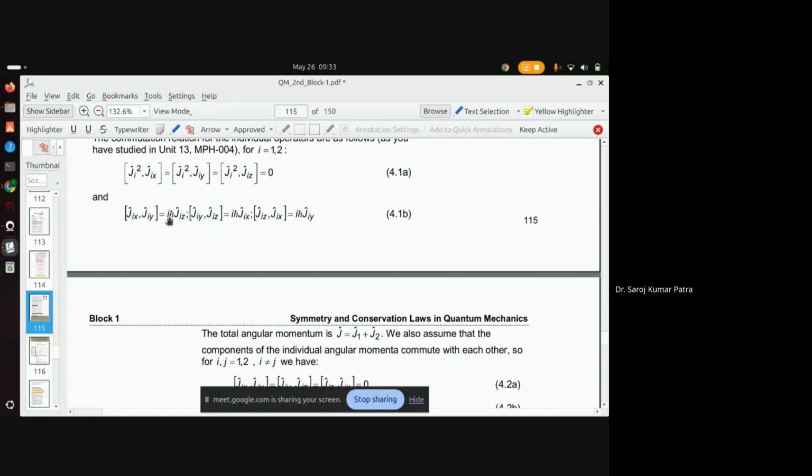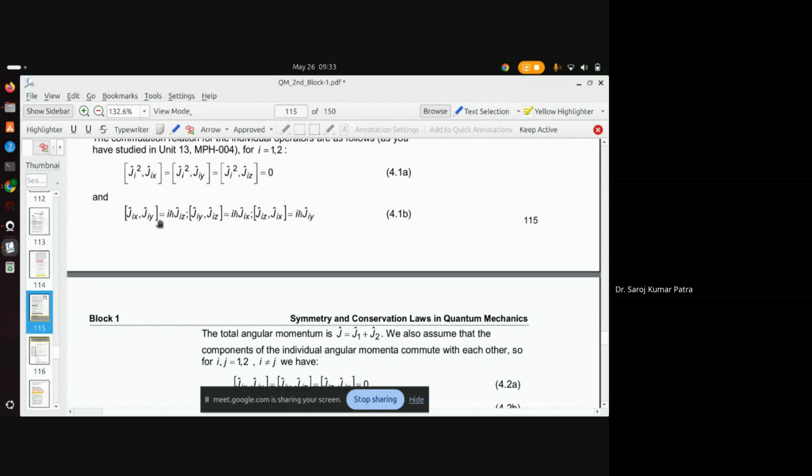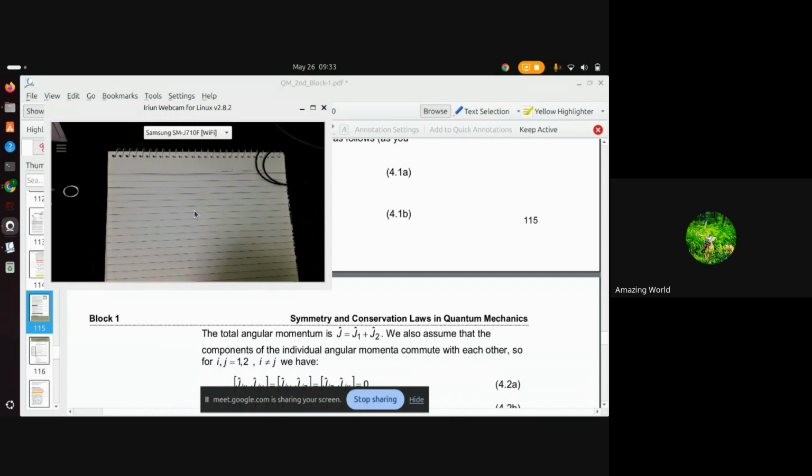The commutator of Jx Jy is equal to i h cross Jz. Can somebody confirm? Angular momentum, the commutator of Lx Ly is equal to i h cross Lz. Has it been told or not? No. Let me write it down, sir.